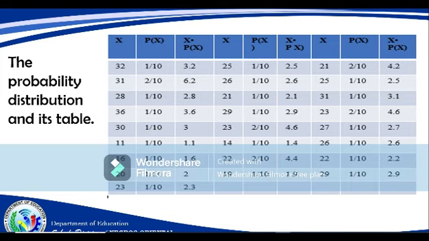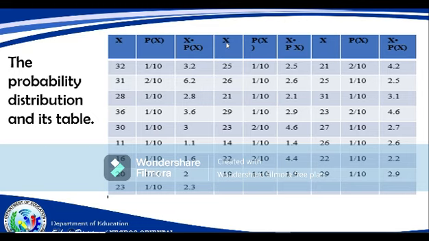So we will have 32 times 1 over 10 is 3.2. 31 times 2 over 10 is 6.2. 28 times 1 over 10 is 2.8. 36 times 1 over 10 is 3.6. 30 times 1 over 10 is 3. 11 times 1 over 10 is 1.1. 16 times 1 over 10 is 1.6. 20 times 1 over 10 is 2. Then 23 times 1 over 10 is 2.3.